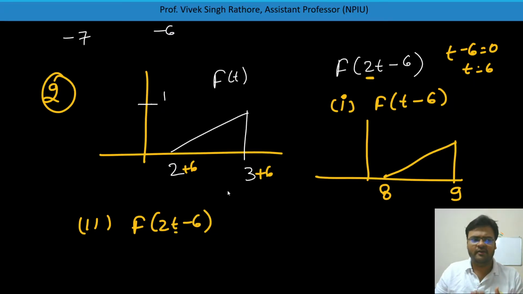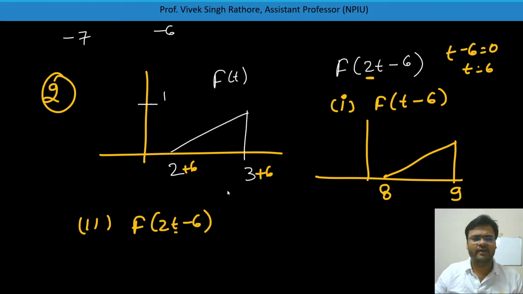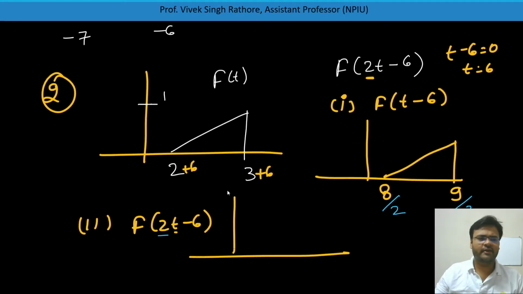You are scaling it with 2. I told you while teaching that whatever the scaling factor is, you need to divide by it. So divide by the scaling factor 2: 8 by 2 is 4, 9 by 2 is 4.5, and the magnitude will remain the same.